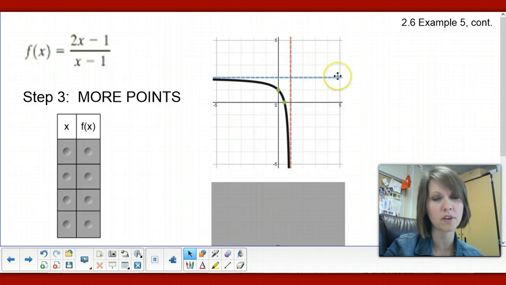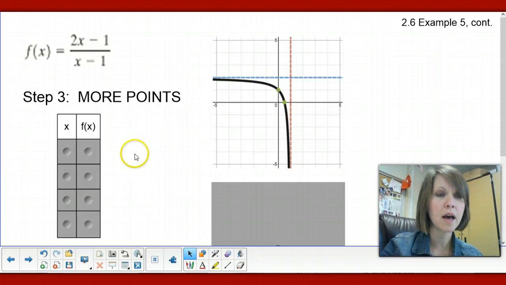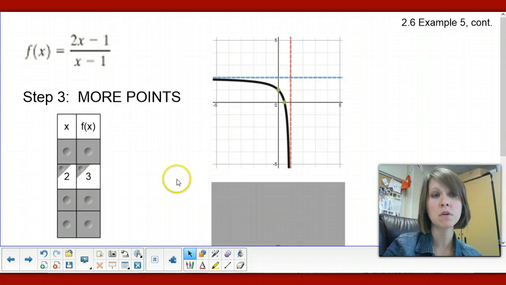It'll take care of itself. We're worried about the x values on the other side of the vertical asymptote. So some on the other side might be x equals 2. And again, we're just plugging them into the function 2x minus 1 over x minus 1. So if x is 2, you're going to have a y value of 3.